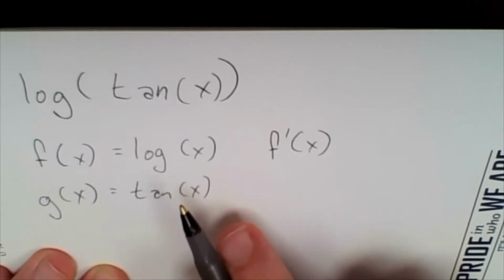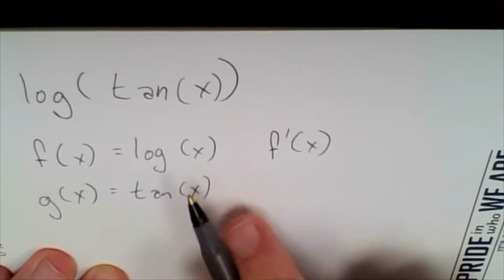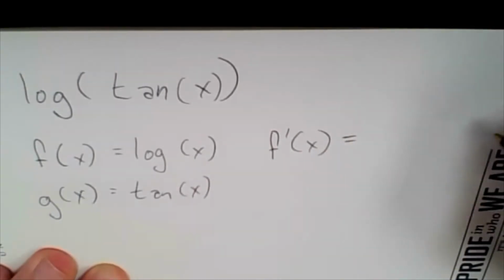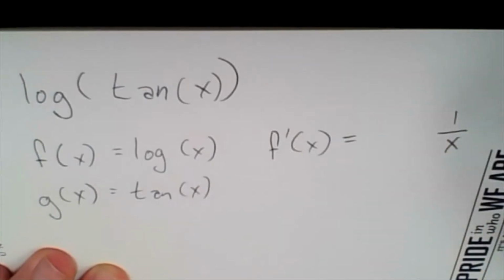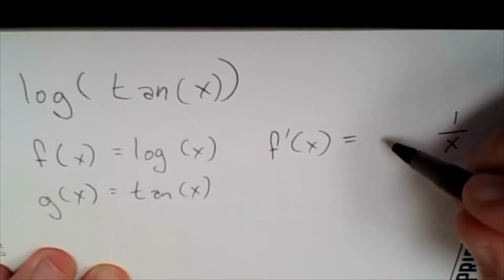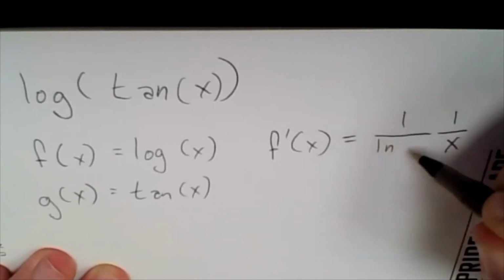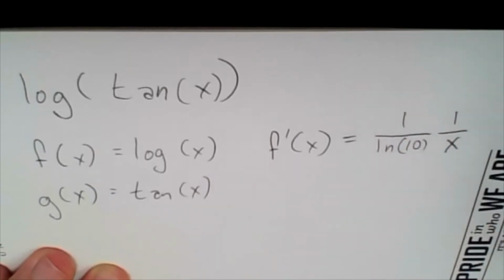And you might remember that the derivative of the natural log is 1 divided by x. And we can use that here. This derivative is going to be 1 divided by x, but since I'm using a different base logarithm, I also have a 1 divided by natural log of 10 here. That's my conversion factor.